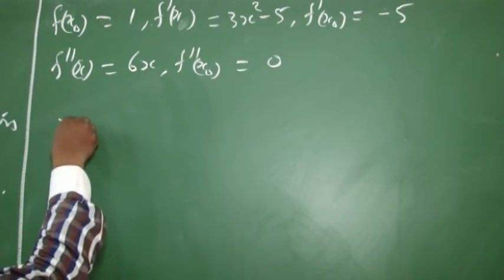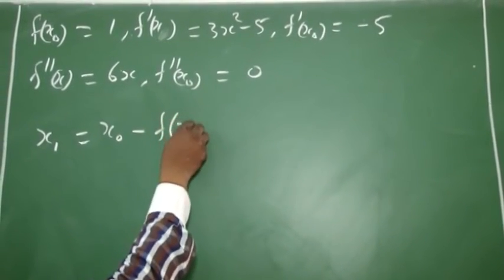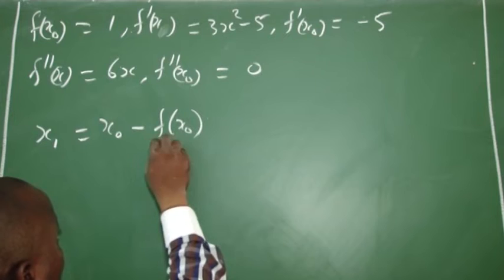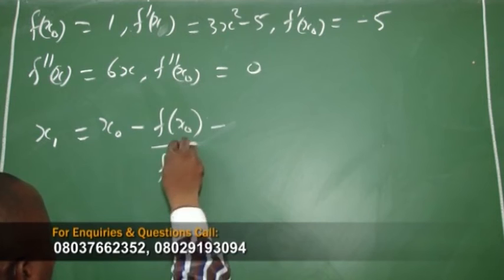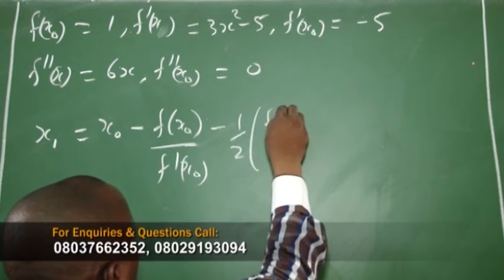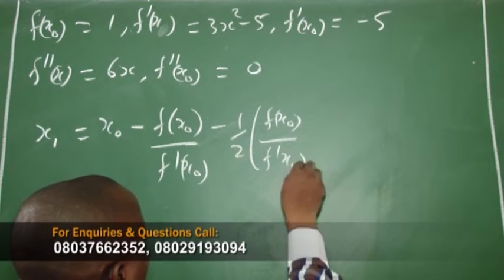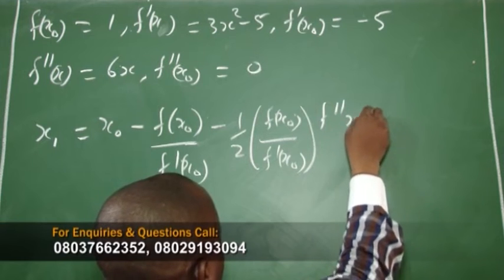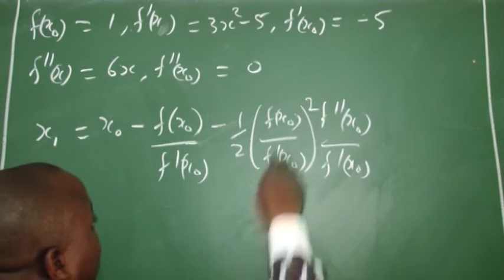So that now x1 will be equal to x0 minus f of x0 over f prime of x0, minus 1 over 2 f of x0 square over f prime of x0 square, then f double prime of x0 over f prime of x0. Now notice that this is square.